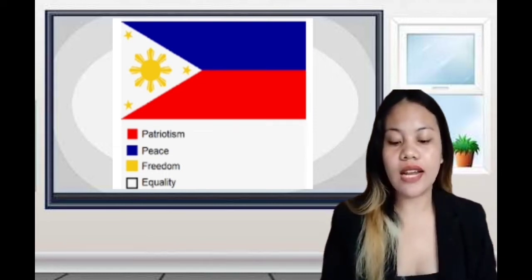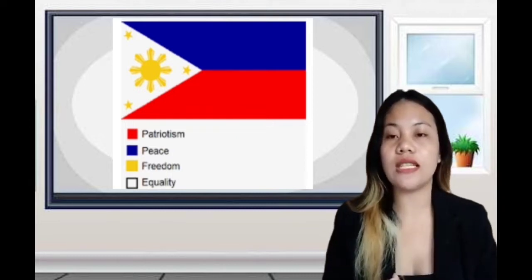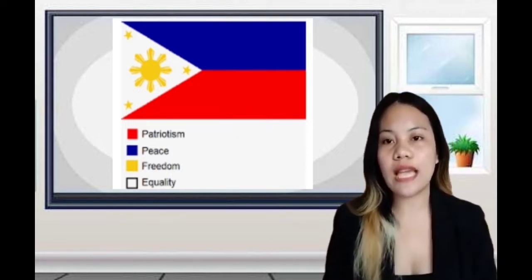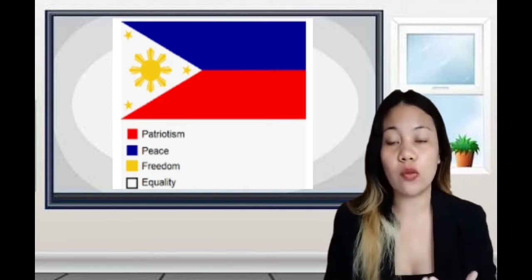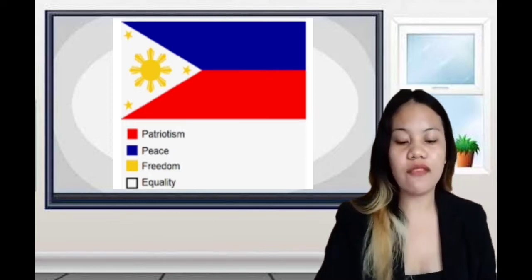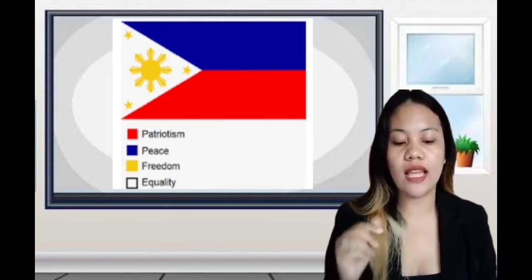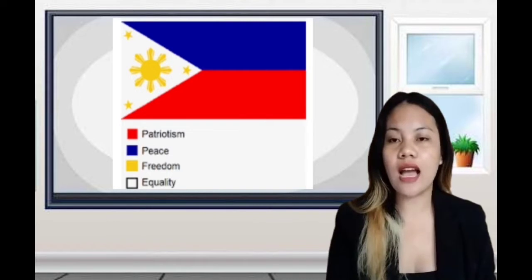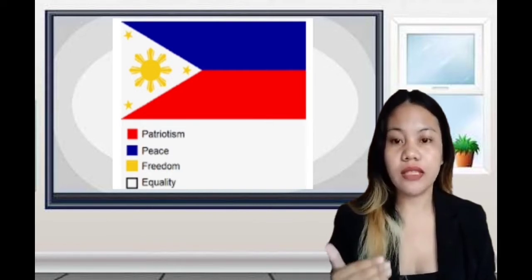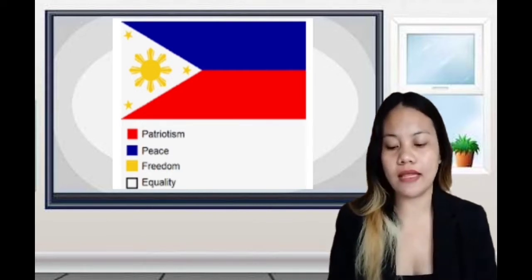Then finally, the red stripe symbolizes patriotism and valor. So when we say patriotism, it is all about love or devotion to one's country. When we say valor, it is great courage, where you can face danger, of course, in battle.